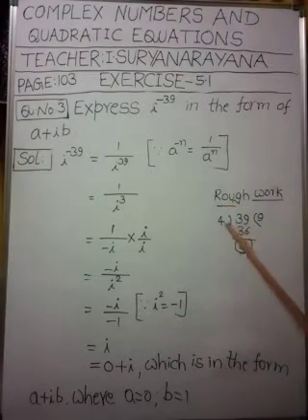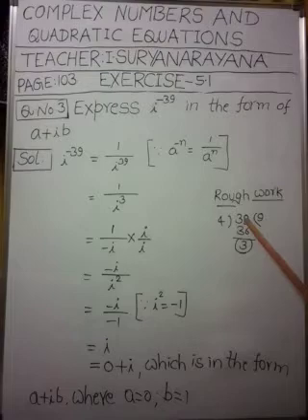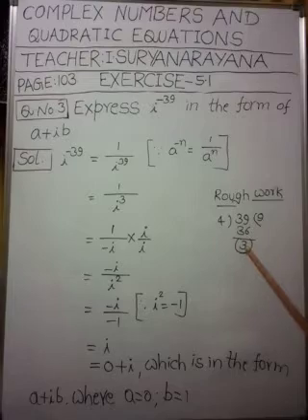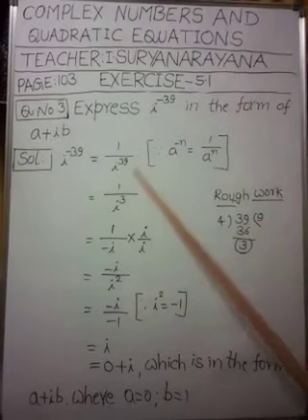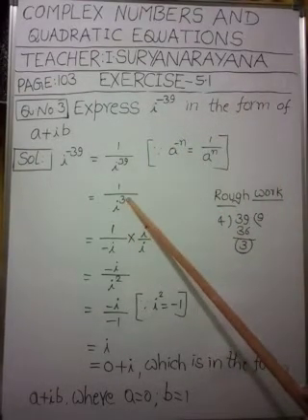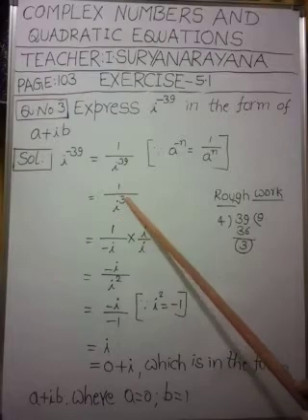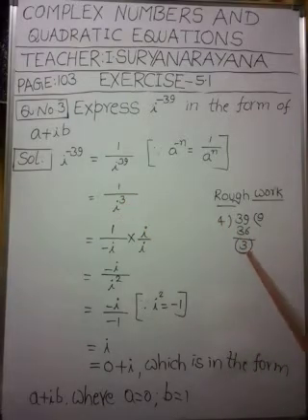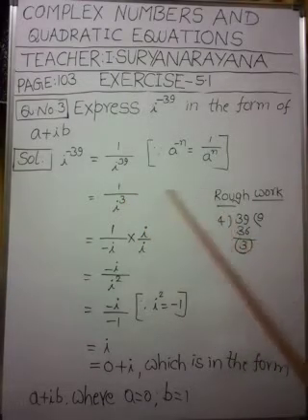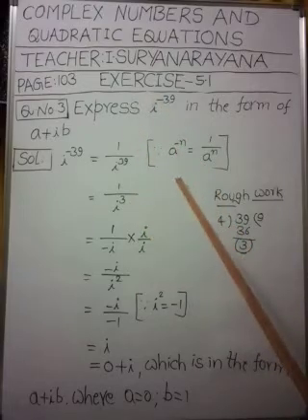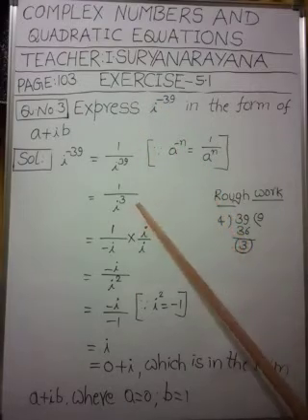See that one? 4 into 39, we are dividing this 39 by 4. 4 nines are 36. What is the remainder? 3. This remainder should be written as the power of i. Instead of 39, we can write i cube. Understood this denominator part, my children? Whatever remainder we got here, we should write as the power of i instead of the previous power. Understood this step, my children?